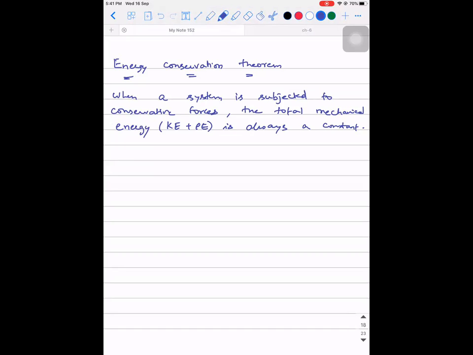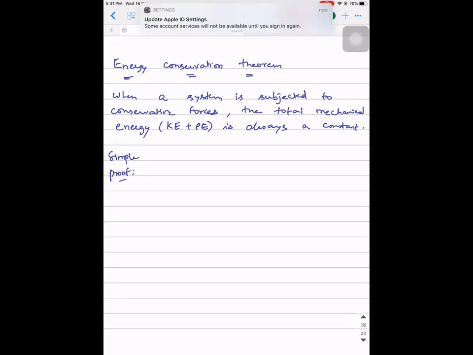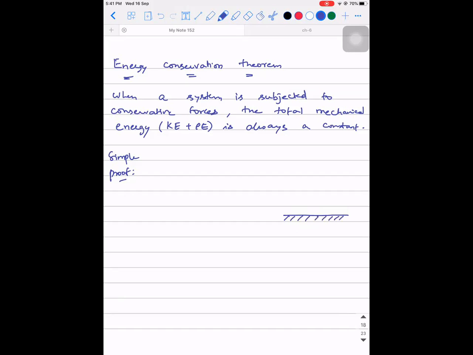I'll show you a simple proof. And let's understand what exactly we mean by energy can be converted from one form to another. Now see, I'm taking a scenario where an object is moving under the influence of gravity.